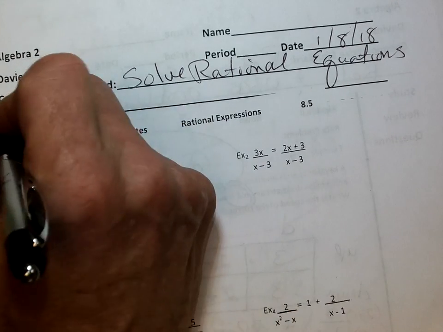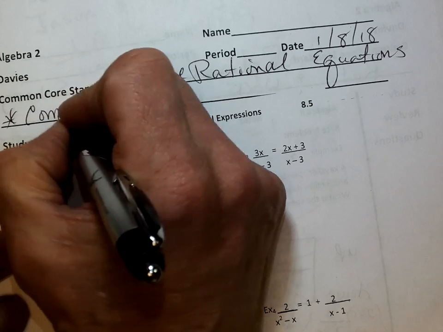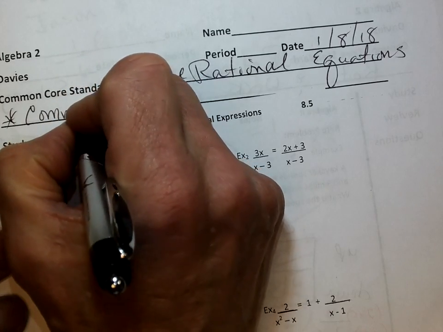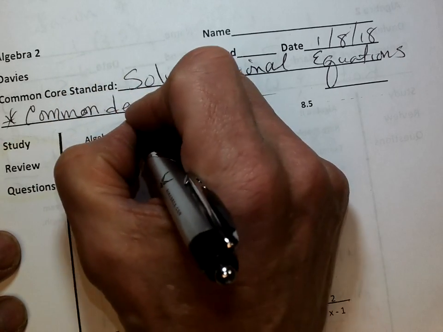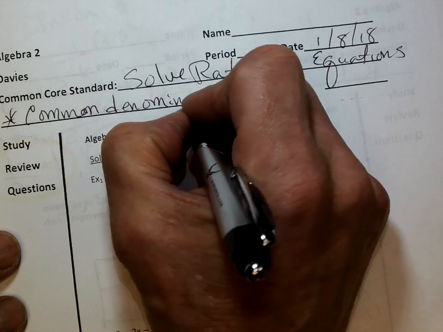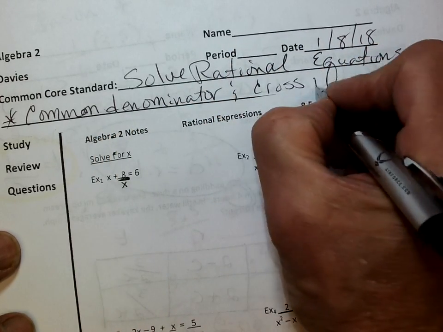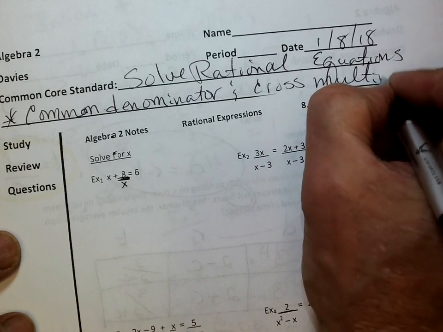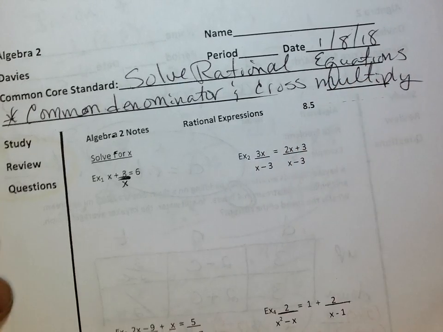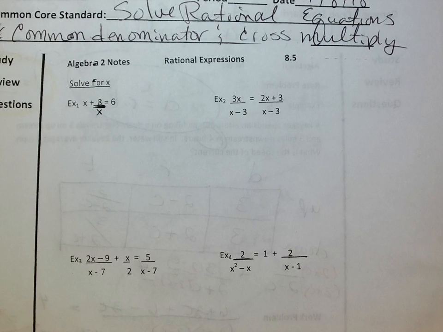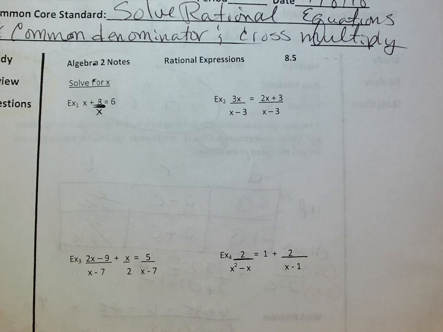So our goal is to get a common denominator, and then cross multiply.